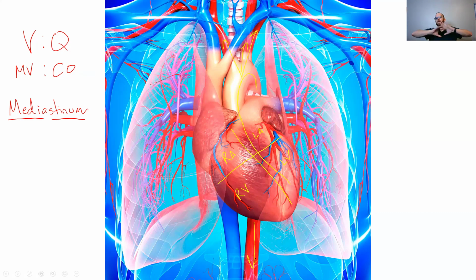Those big arteries branch down into smaller and smaller blood vessels until they reach the capillary level at every single cell throughout our whole body, so that we can deliver the oxygen and pick up the carbon dioxide.